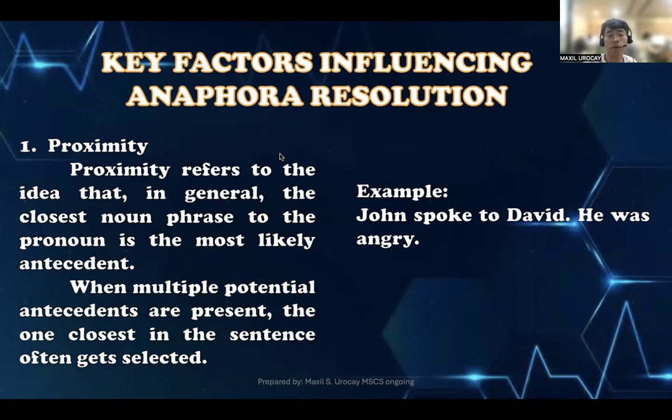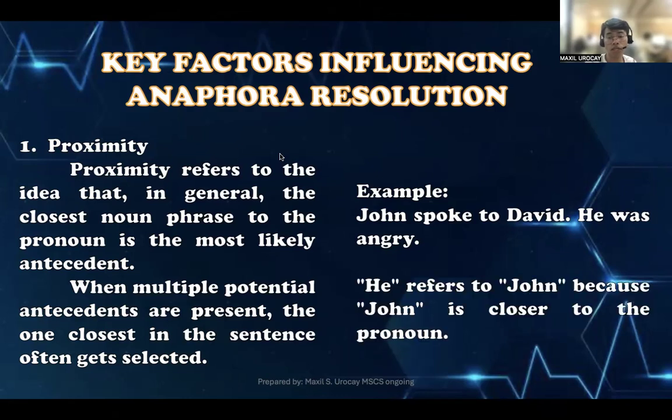Say, for example, John spoke to David. He was angry. So, what does it mean? "He" actually refers to John because John is closer to the pronoun. So proximity is a simple but effective rule in anaphora resolution.